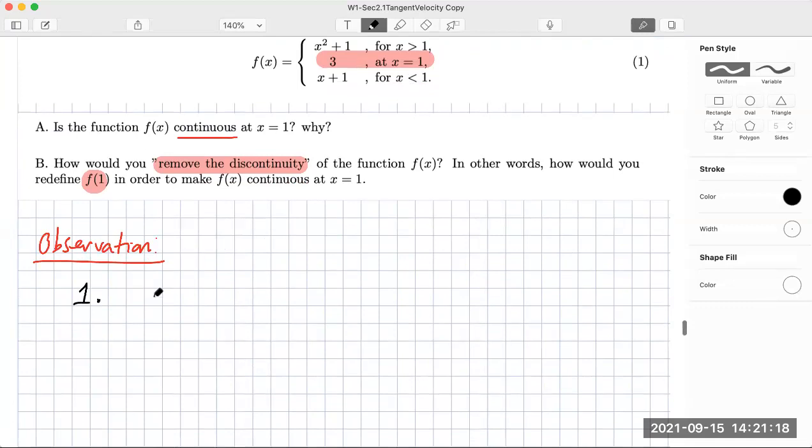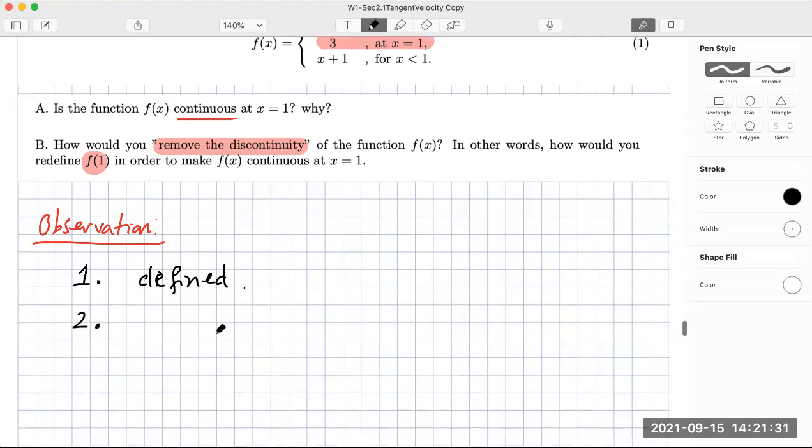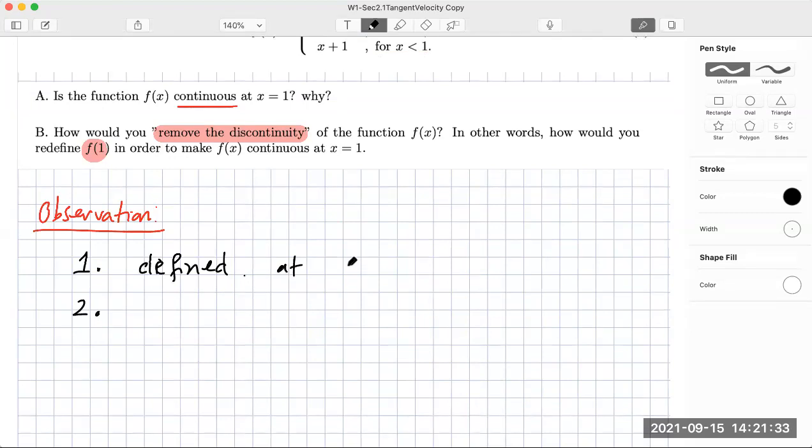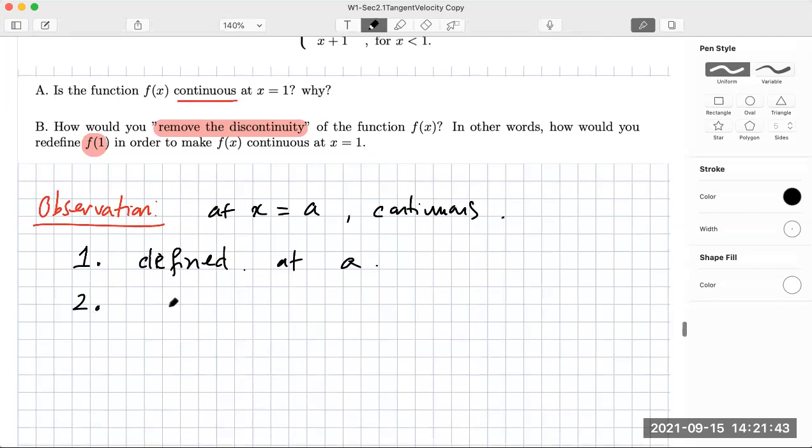A function is continuous at the point if it is defined at that point. And the second condition, what is it?